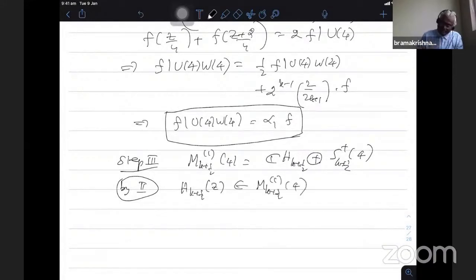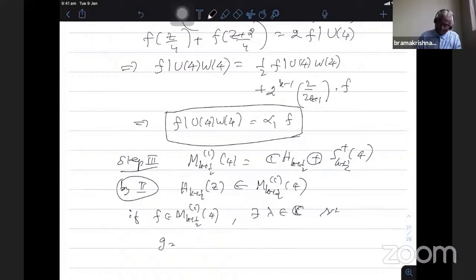And then if f is a modular form, one can find a constant lambda, which is nothing but the value of f at infinity, such that the combination g equal to f minus lambda H k plus half vanishes at infinity. This is a usual trick.